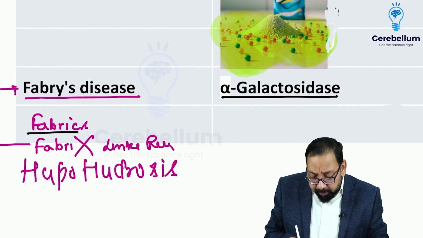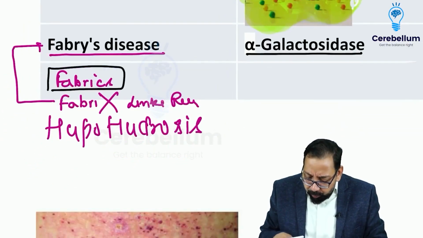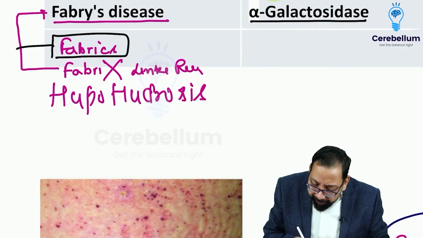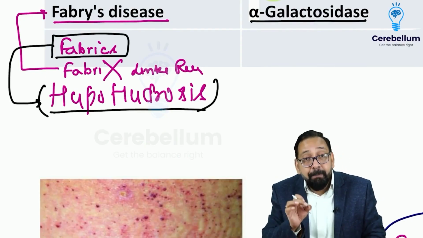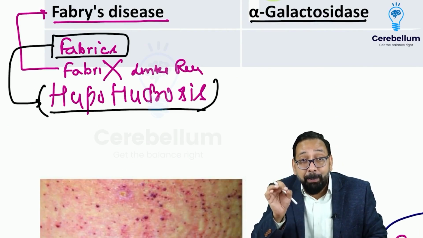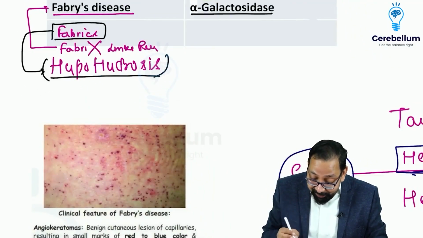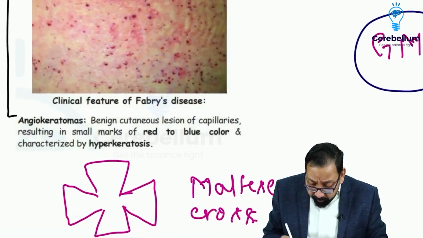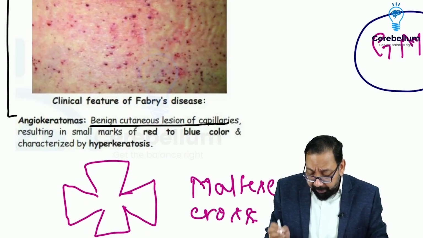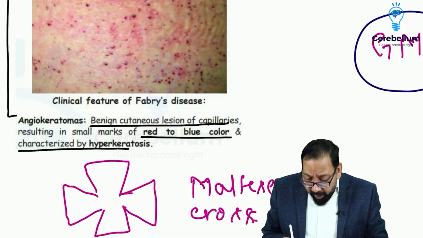Fabric, it's a good fabric, meaning even in summer you will not have hydrosis, sweating will not be there, meaning hypohidrosis with a good fabric. And in Fabrics disease or Fabry's disease, there is angiokeratoma, that is a benign cutaneous lesion of capillaries, red to blue color, characterized by hyperkeratosis.